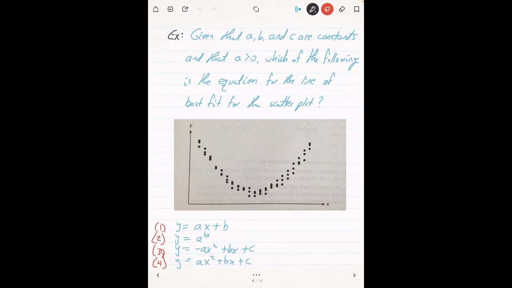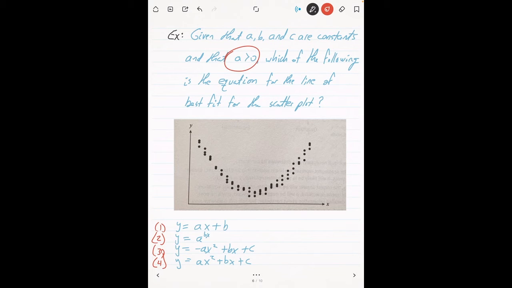Let's take a look at another example where we have to fit a model to a specific data set. Here we have this scatter plot, and we're told that A, B, and C are constants. Remember, constants are numbers. They're standalone numbers. They're not variables. So we know that these 3 letters are going to represent numbers. We don't know what they are, but they're just any numbers, like 2, 3, 4, whatever.